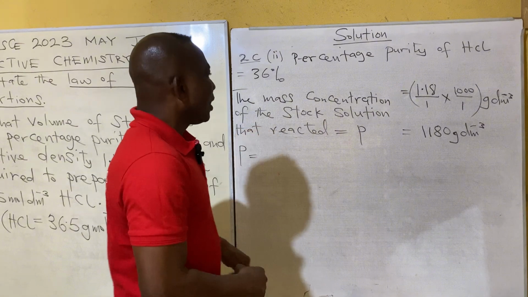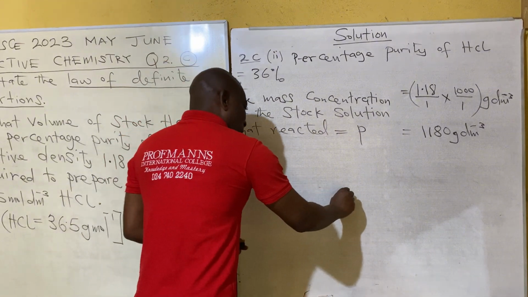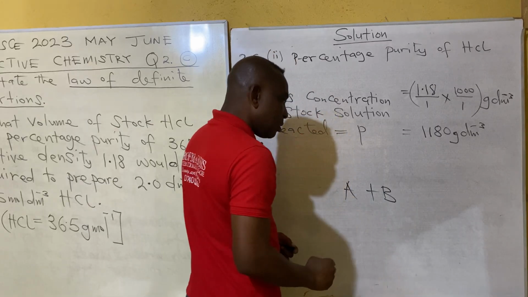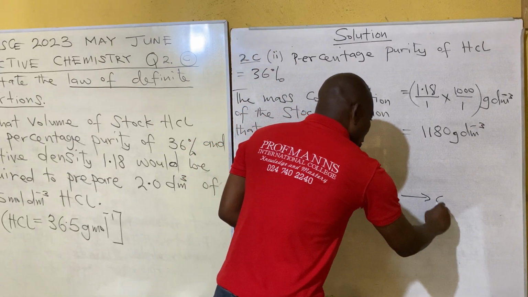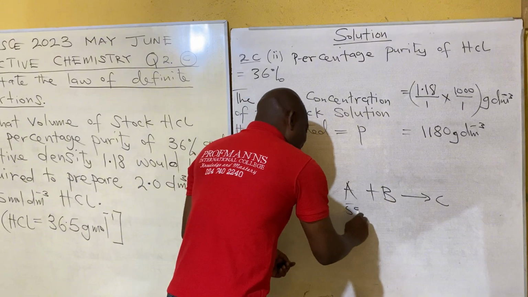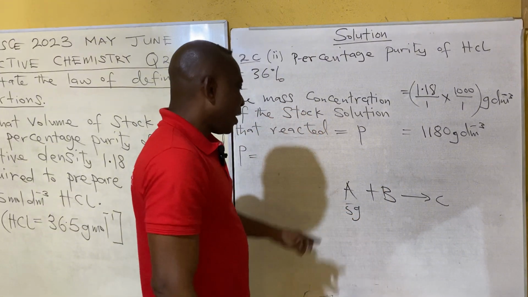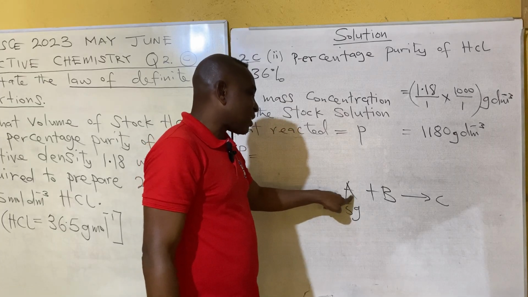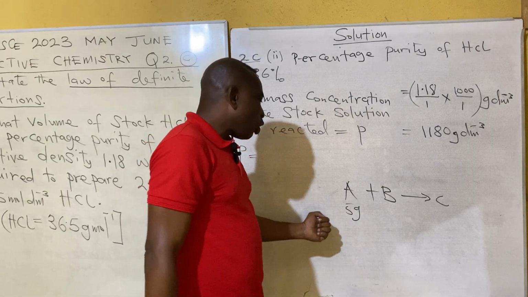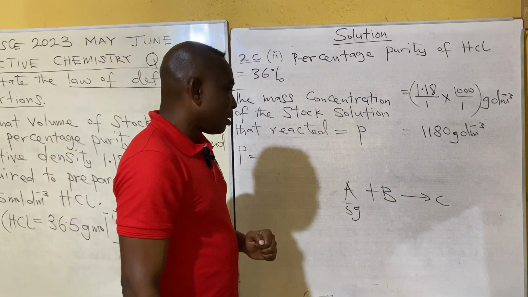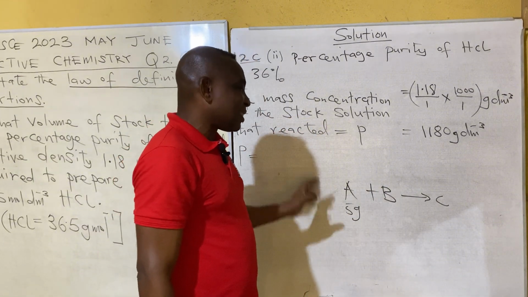Now, when you have a substance A reacting with a substance B, producing a substance C. For instance, if we have 5 grams of substance A and substance A is pure, meaning that the 5 grams of substance A is pure. So all the 5 grams will react with B to produce C. So it is only pure substances that react.